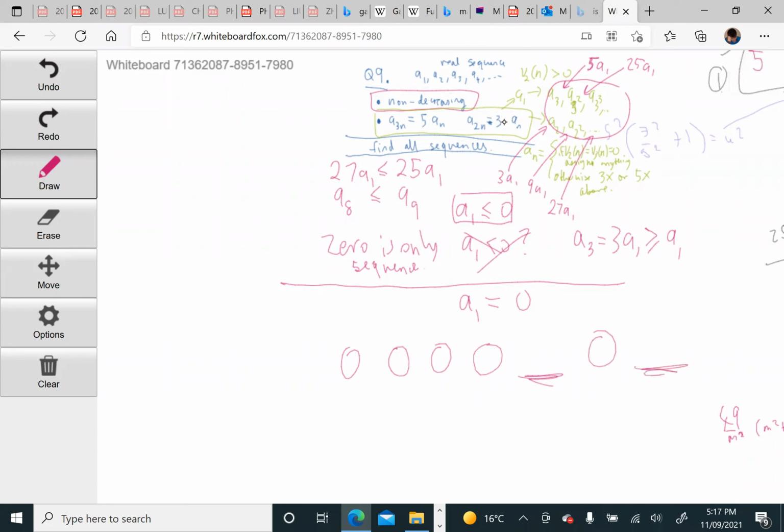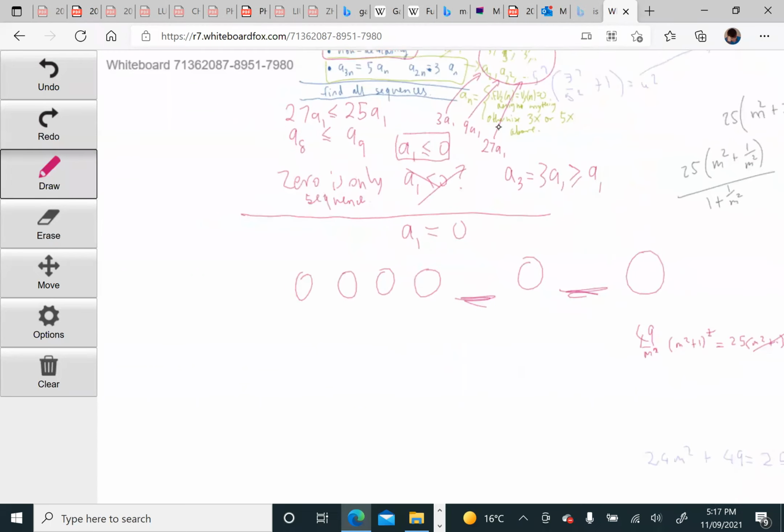I don't get A7. You see what I'm saying? So it doesn't prove that all the terms are 0, right? So there's at least two ways to fix this. Any ideas?